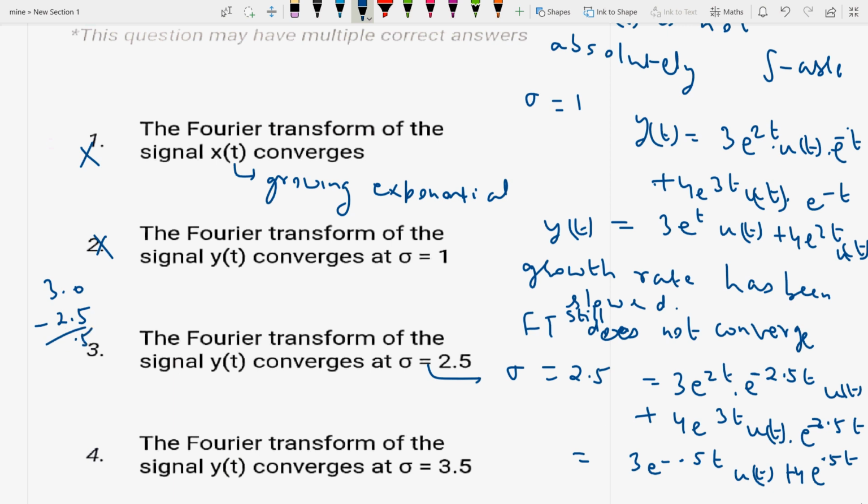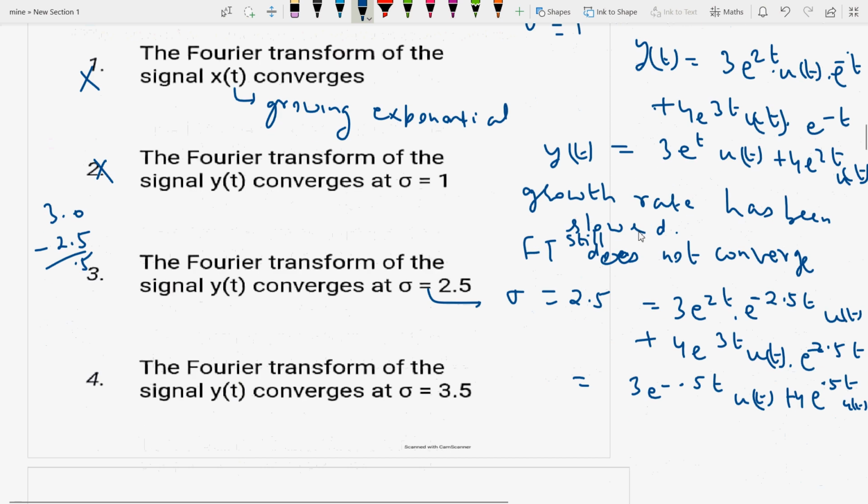The first term is decaying, but the second term is still growing in nature, so this is also not converging.